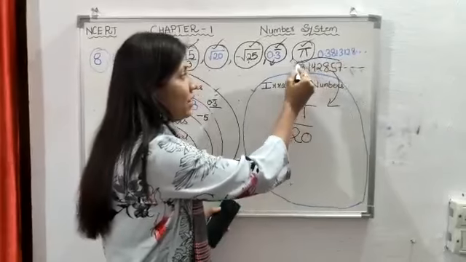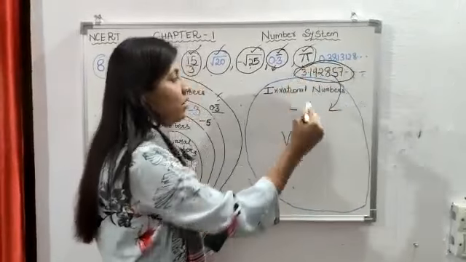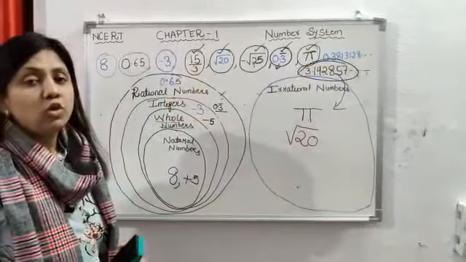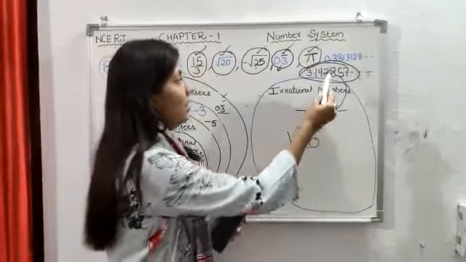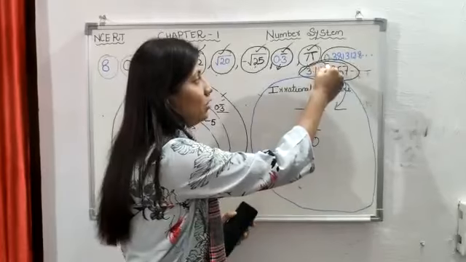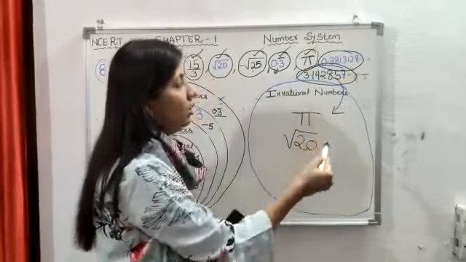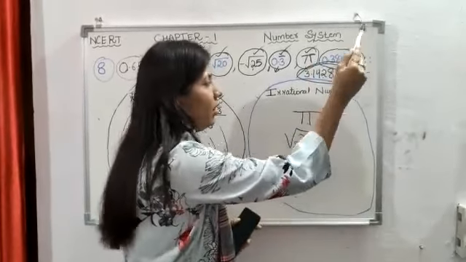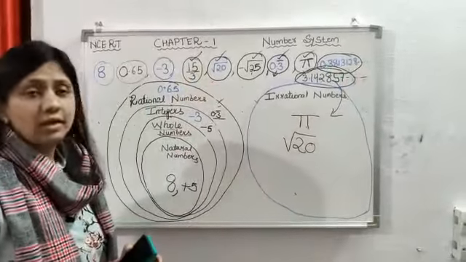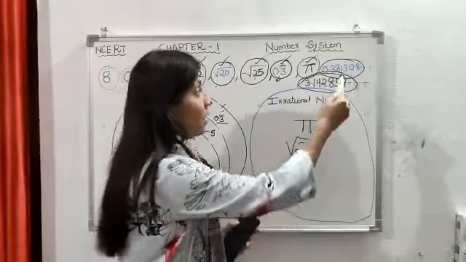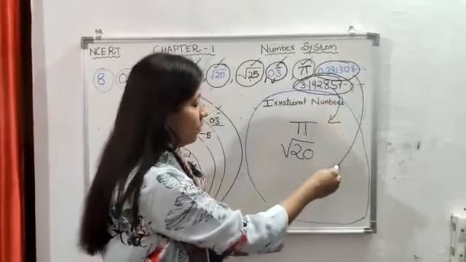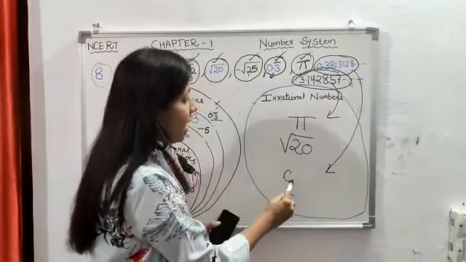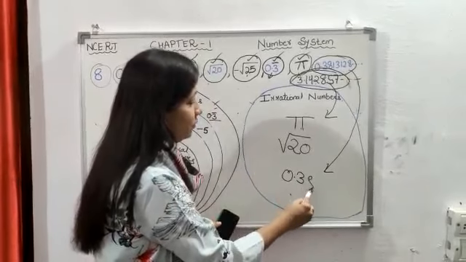You cannot represent this type of number in p by q form. Similarly, our last number is 0.381312, and it is going on forever and ever. It is not terminating and it is not repeating in any pattern. So this also comes in the family of irrational numbers.